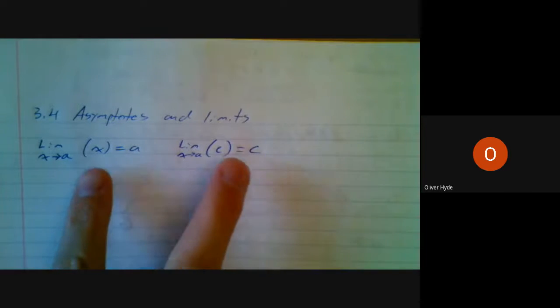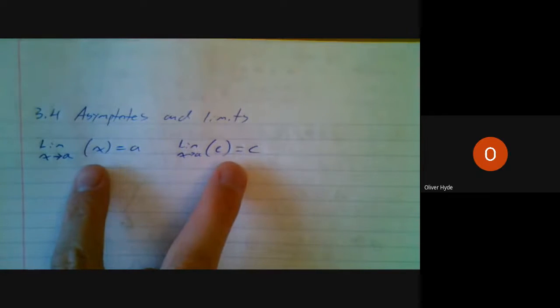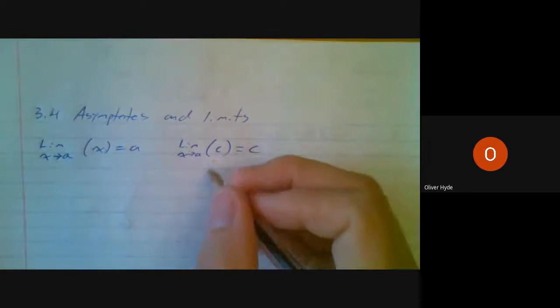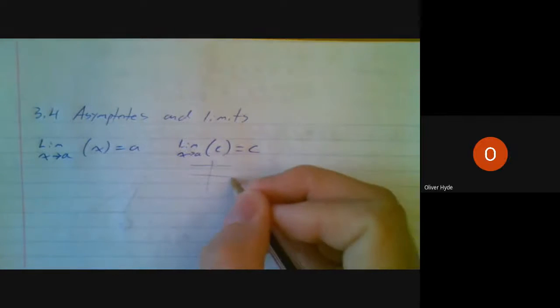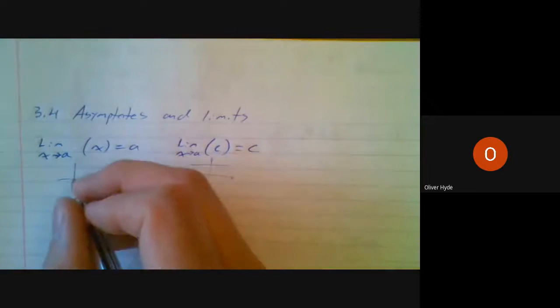When we were showing all of our steps and limit properties earlier in the course, we're using the fact that the limit of a sum was a sum of a limit and constant multiples and stuff like that. But we were really trying to break down to these two definitions here, that a constant function is always constant, and that for a linear function, the value of the output is going to be approaching the value of the input.